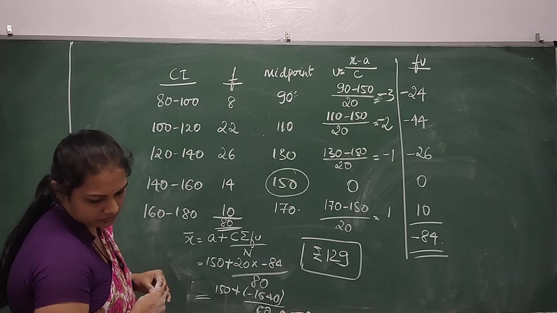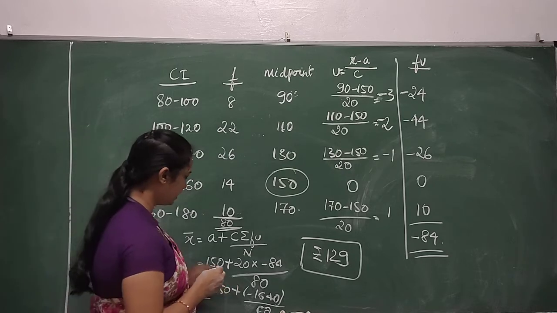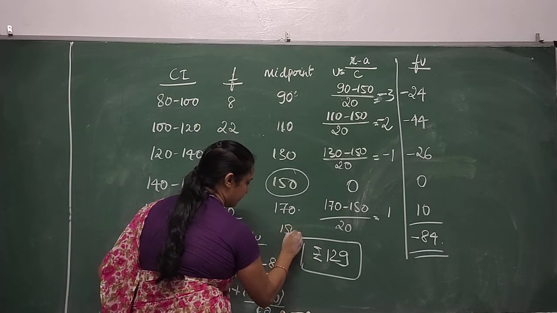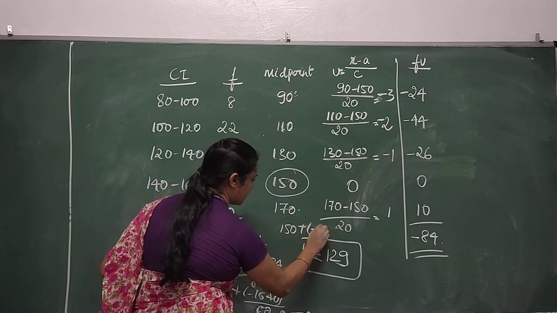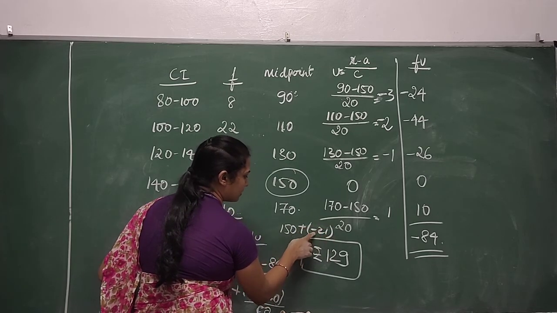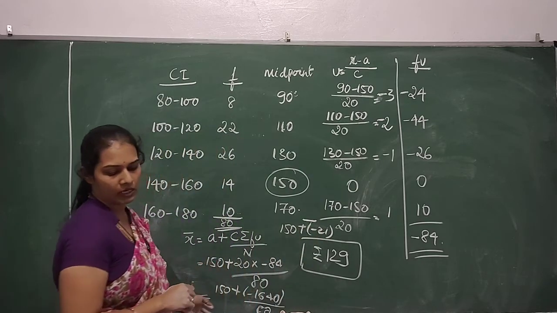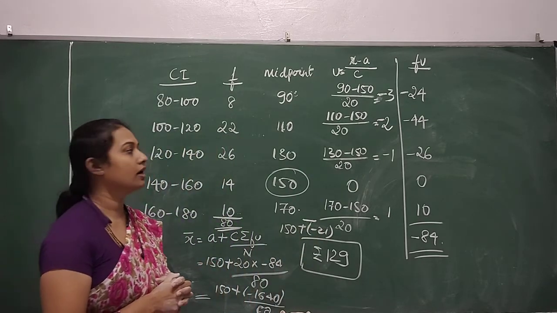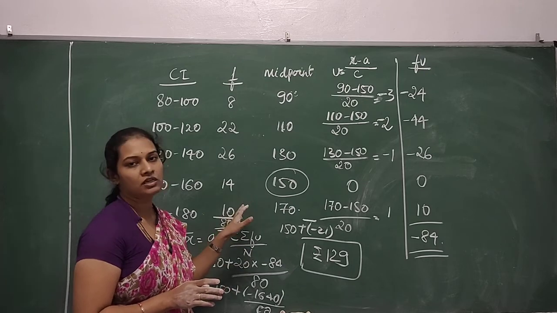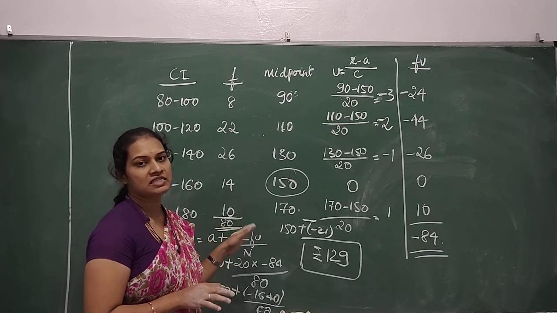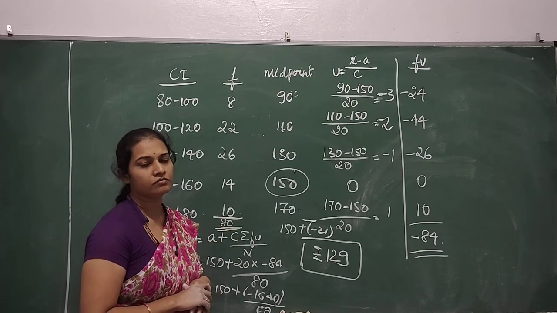That is 21, so 150 plus minus 21. Plus into minus becomes minus. So 150 minus 21 gives you 129 as your answer, rupees 129. This is the final answer. This is how we calculate the step deviation method.